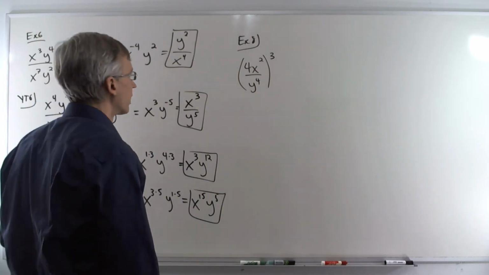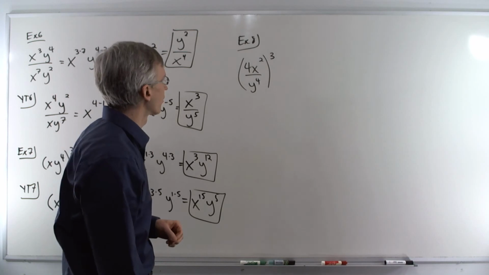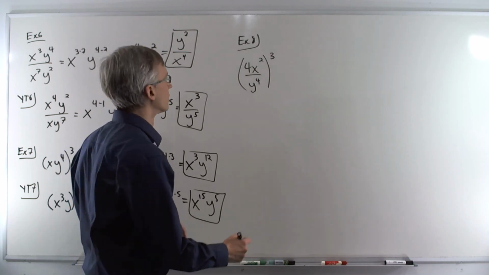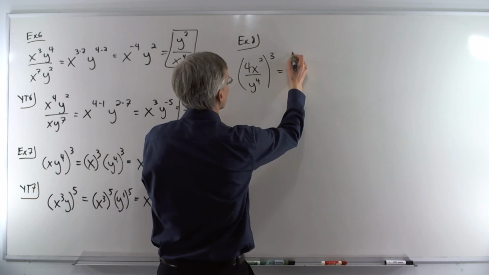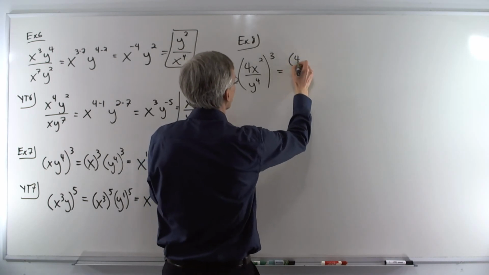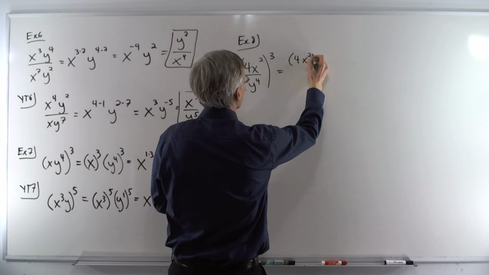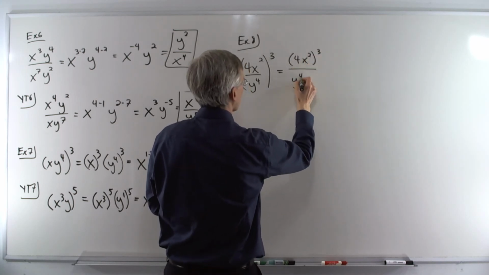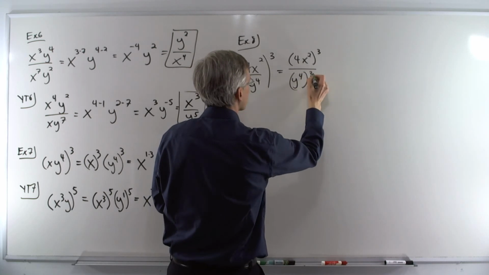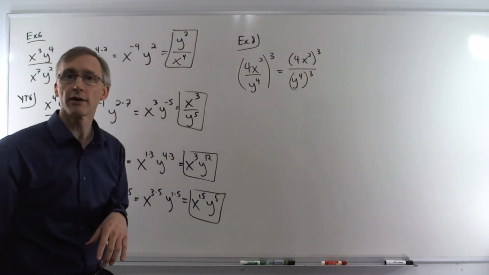We have 4x squared over y to the 4th, all to the 3rd power. So we can apply that exponent to both the numerator and the denominator.